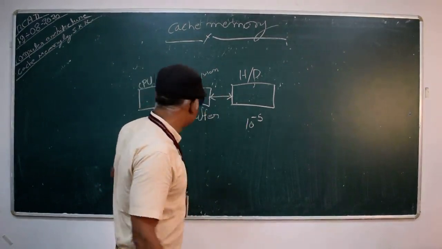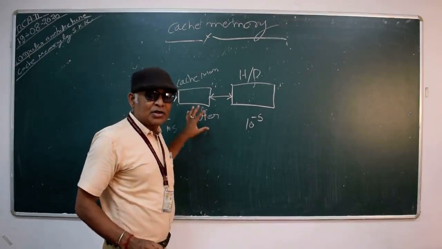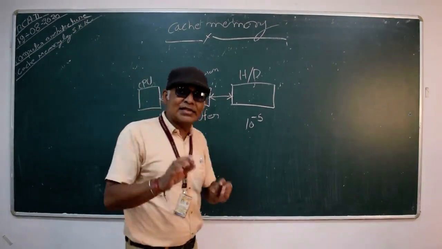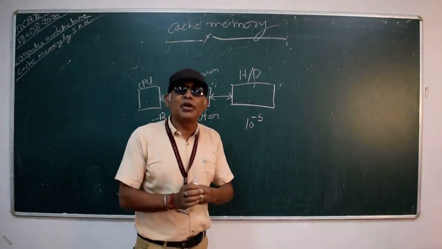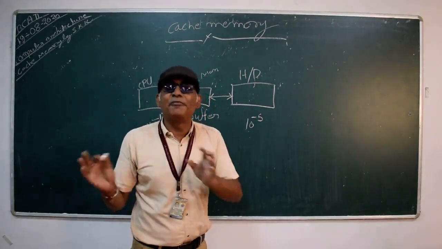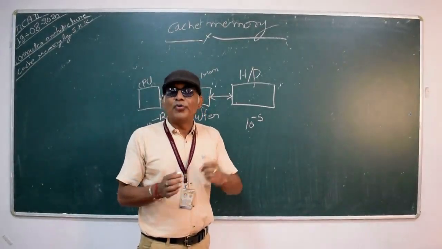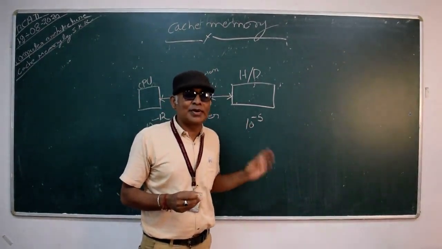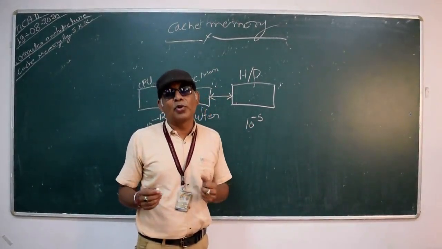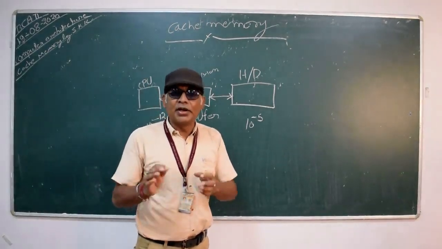Now, the concept of this cache memory, the speed discrepancy between the different components of the computer, is very prevalent in every part of the entire computer system. So we have utilized this concept of buffering or cache memories between the various components at various levels in great abundance.